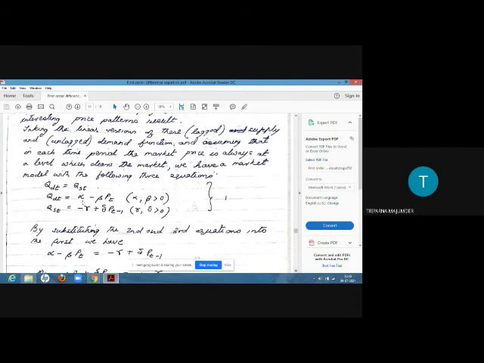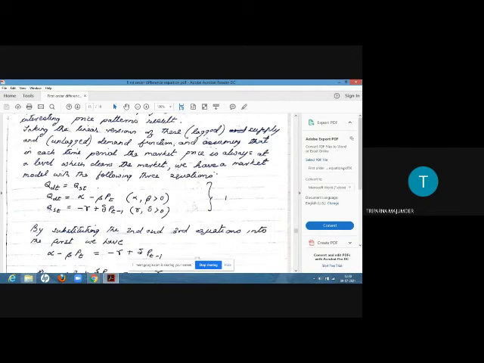We all know that quantity demanded is equal to quantity supplied at equilibrium. Now, quantity demanded is alpha minus beta P_t, because we are assuming beta to be positive. So, we put in a negative sign to indicate the negative slope of the demand curve.